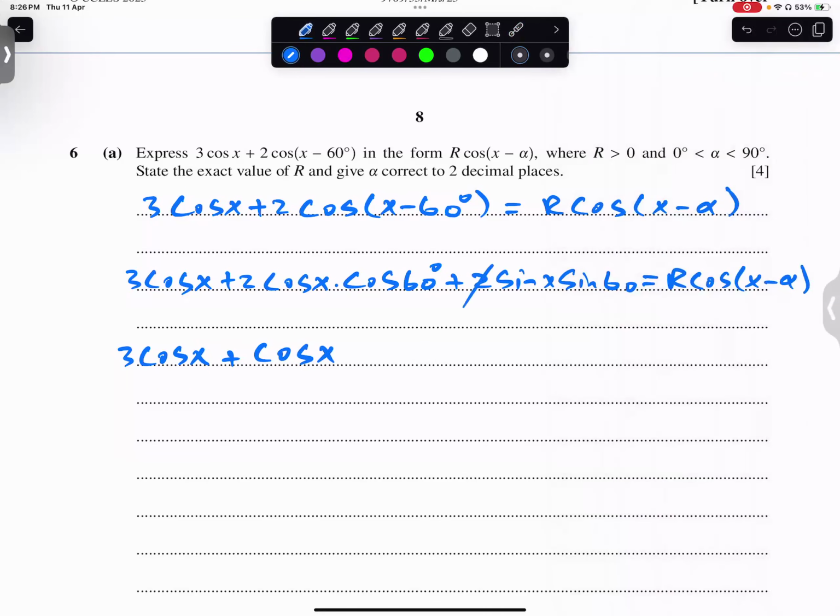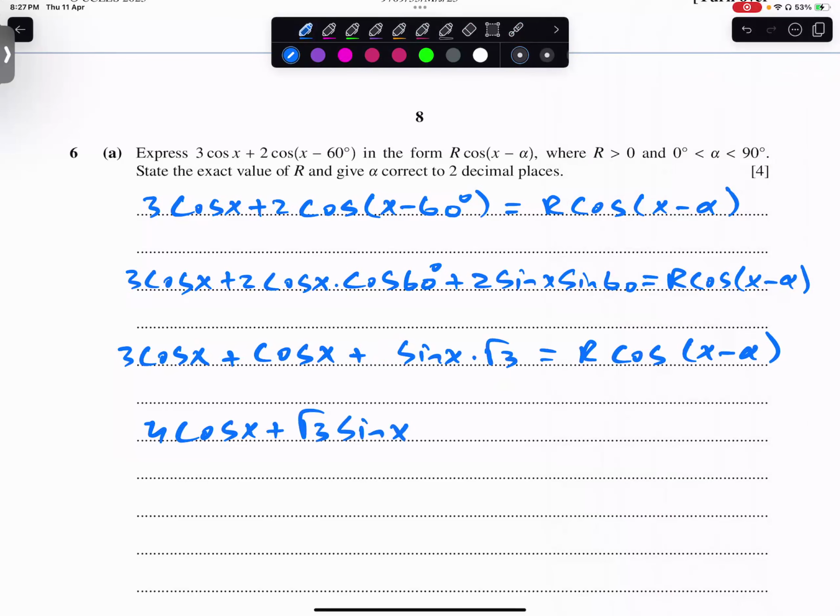So the 2 will be cancelled out with the √3/2. As a result, you will get √3 sin x. So this is 4 cos x plus √3 sin x is equal to r cos of x minus alpha.